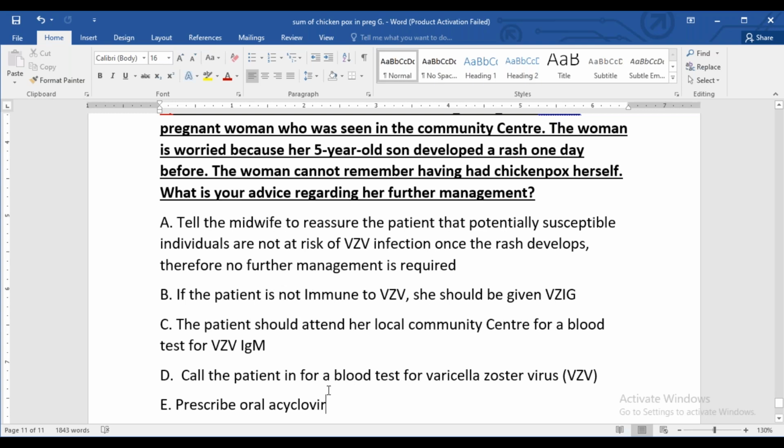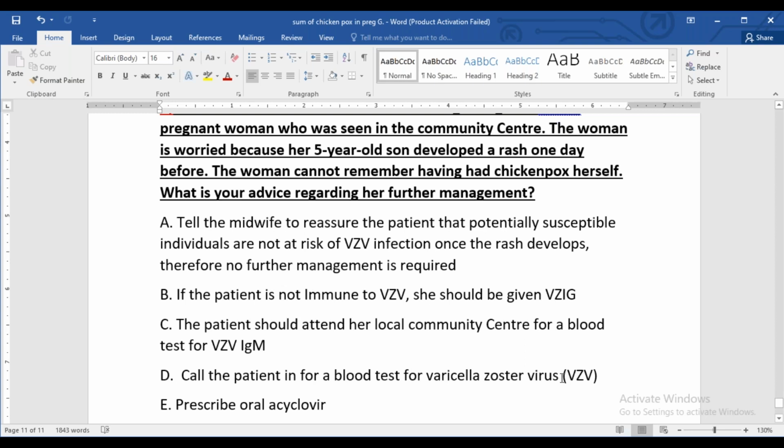I think it should be C, the blood test for IgG, IgM. We test the patient usually for immunity by IgG. So I would say B. I will call the patient for the blood test for varicella zoster virus.